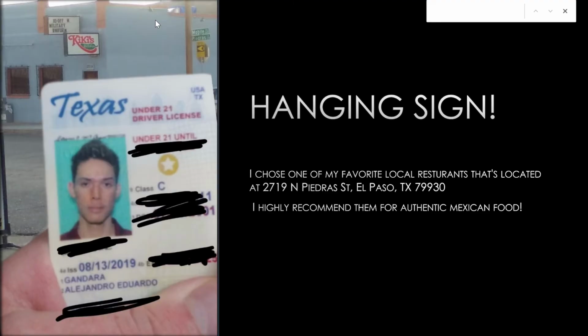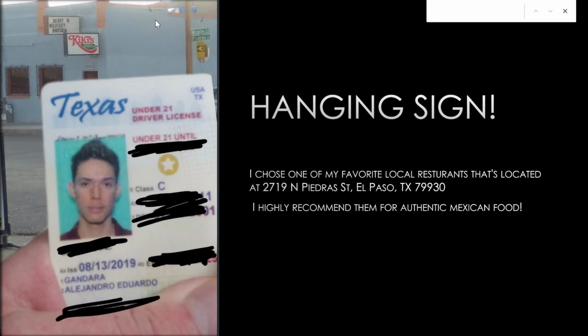So, when tasked with this project, we were asked to go out in the real world and find an example of a 3D static structure to analyze and find the equilibrium of. After much searching, I came across this hanging sign at one of my favorite local restaurants.